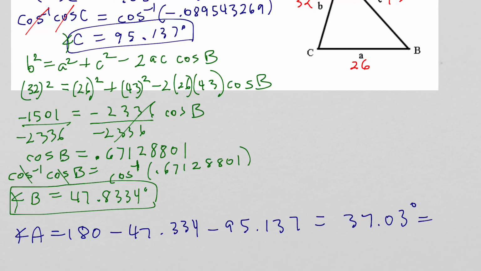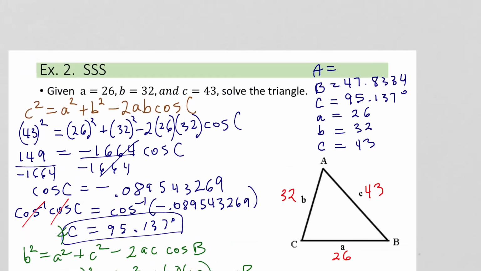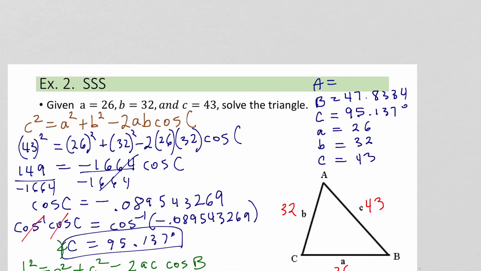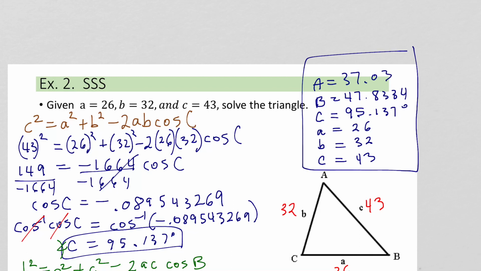So this is angle A. That's the last thing in our chart, 37.03. So here's our solution to our SSS problem.